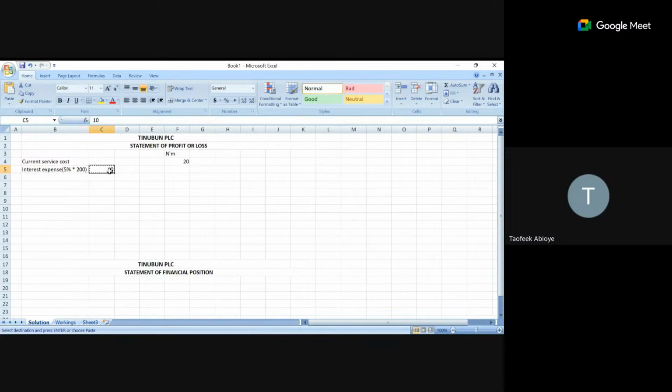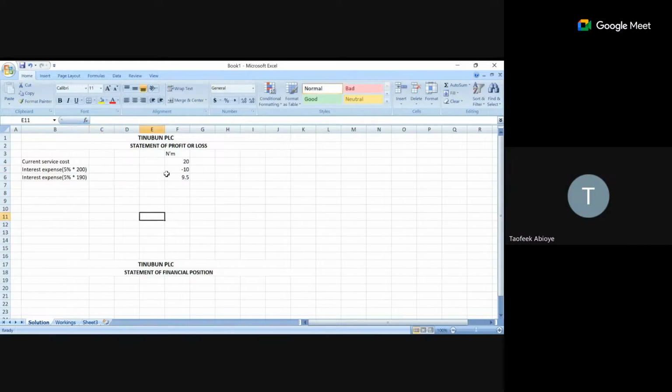What about our interest income? 5% of 190 is 9.5. This one is income, so it will not be in negative.